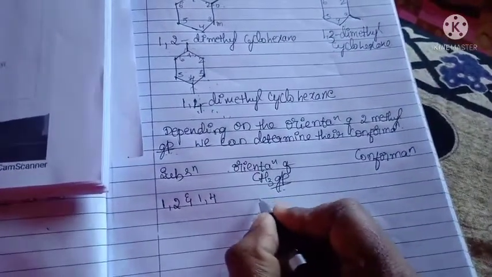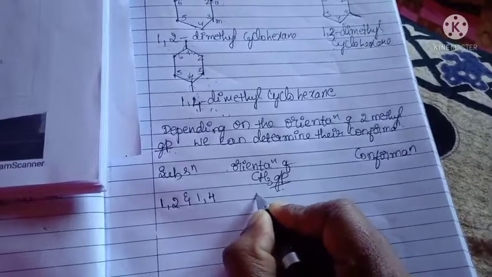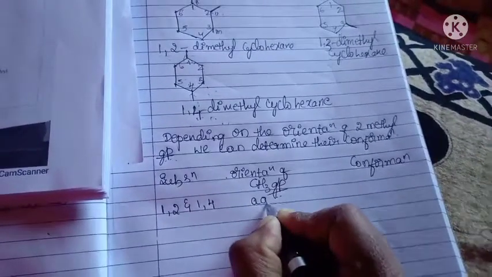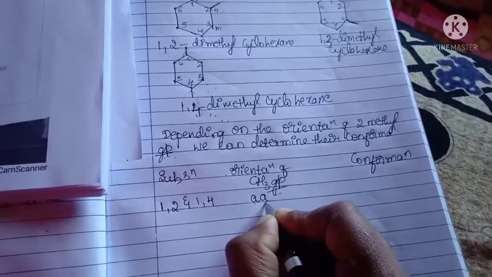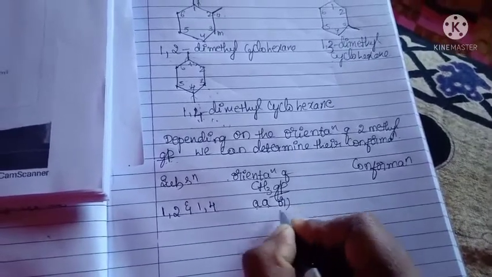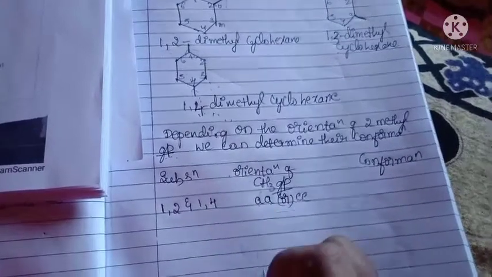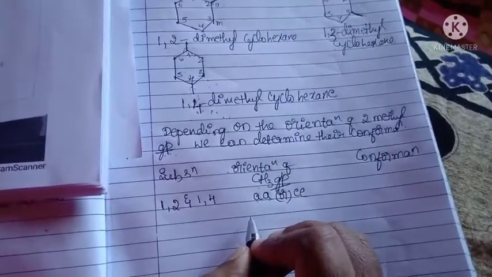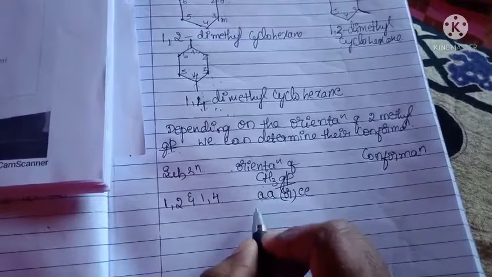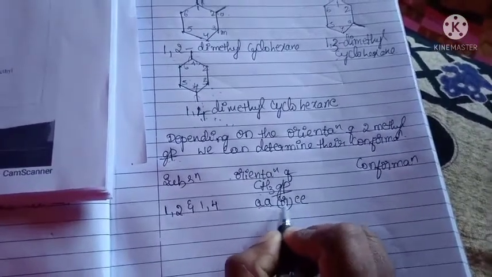Here for orientation of the methyl groups, the two methyl groups are at AA positions. A means axial, E means equatorial. Two possibilities are present: AA or EE.